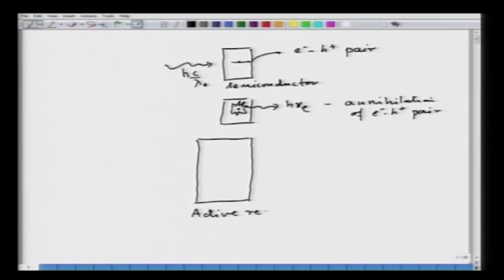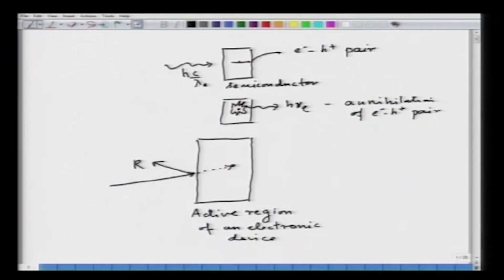So, this is only the active region of an electronic device. And if I am shining light from outside, this light will continue to go inside, but some of it is going to also be reflected. So, we do not only need to know what is happening here, that is the absorption process, we also want to know how much is going to be reflected back.